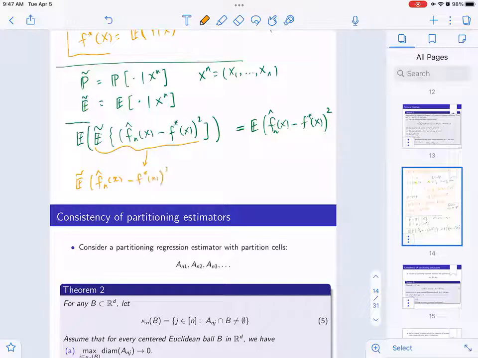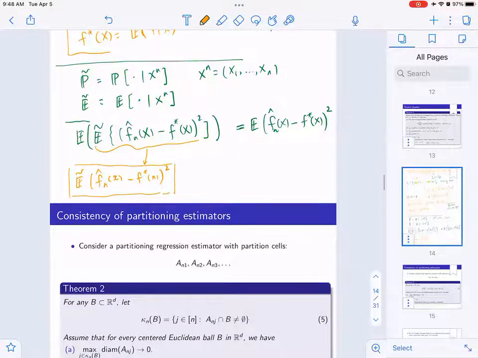Here it's the random point, but I'm going to first compute this for a deterministic point, where the only randomness is from the training, and I'm conditioning on X^n. Once we analyze this, whatever expression we get, we can just plug in the random x, because the randomness in this was independent of that. So just plug in x and then take the expectation. That's the plan we're going to follow, so just remember this expression. We're going to come back to it.